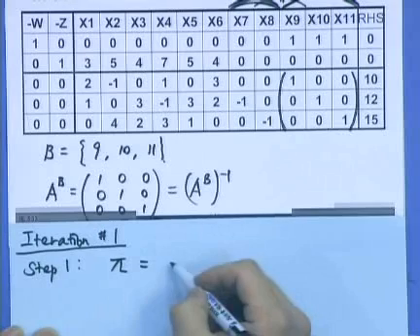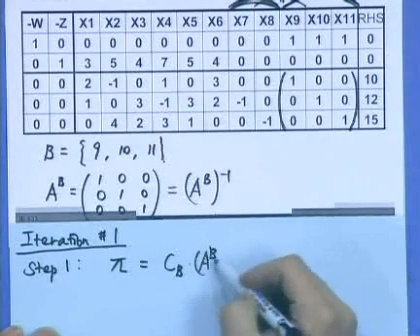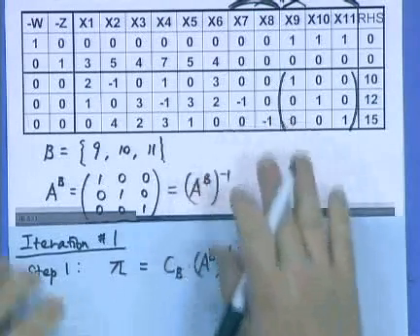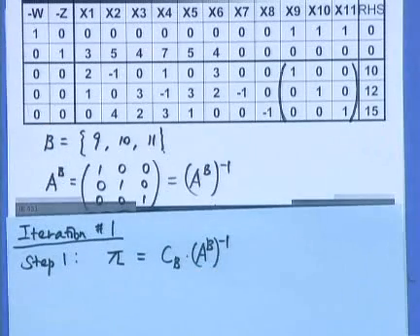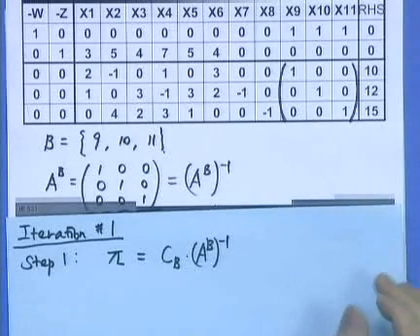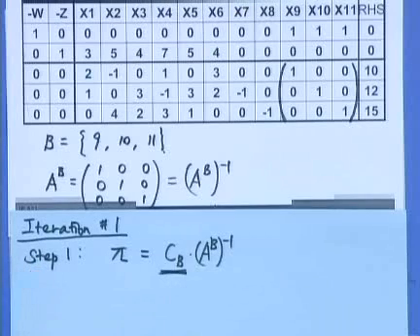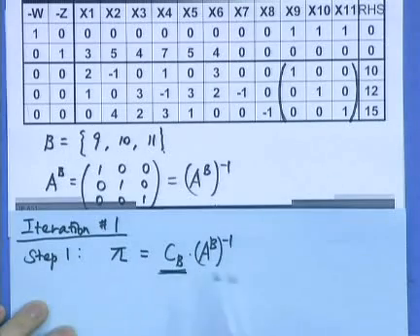And we can use the formula CB times the basis inverse matrix, which will be used in pricing the non-basic variables, right? And this CB is the objective coefficient vector corresponding to the current basis, right?